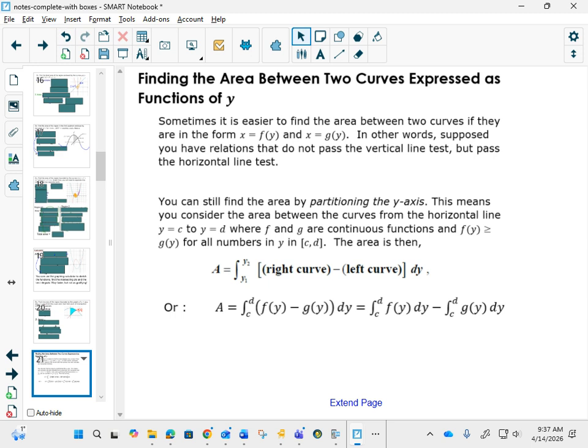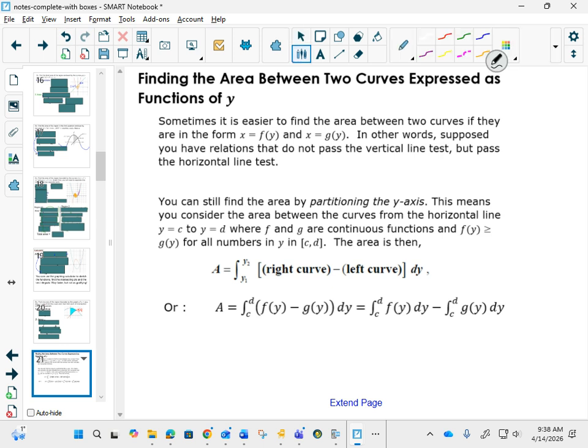We can write x equals y squared. It's a function of y, but not a function of x. And we just turn our mindset over 90 degrees and do all of the same math, but now we're thinking about working with the y-axis.